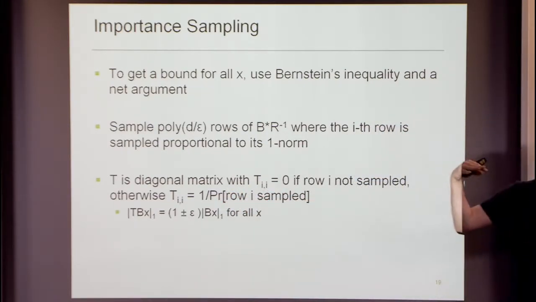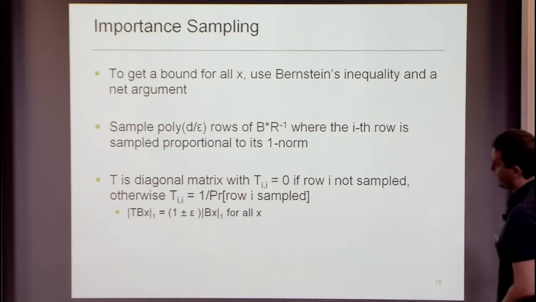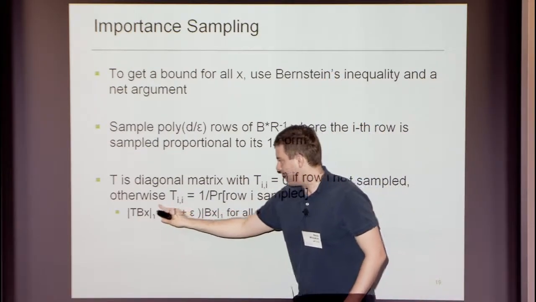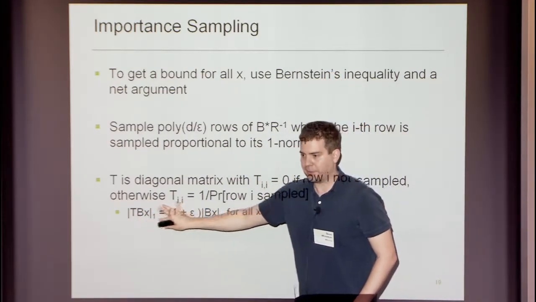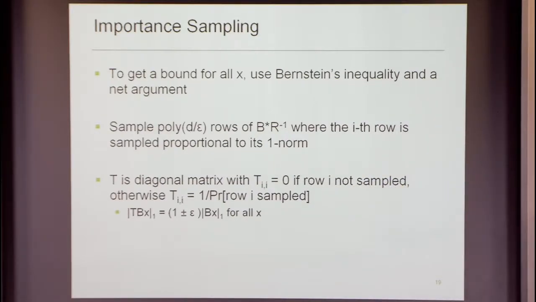So this is just implementing importance sampling as a matrix product. Via the argument we just discussed, you get this 1 plus epsilon subspace embedding property. So now you can solve it in the sketch space using, say, linear programming.